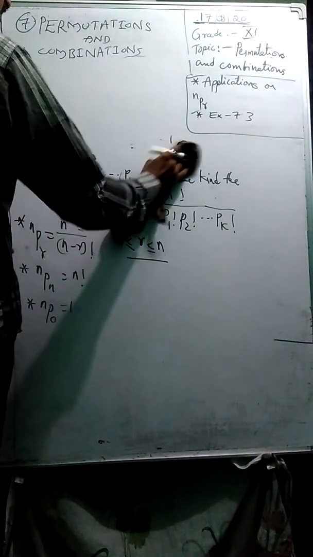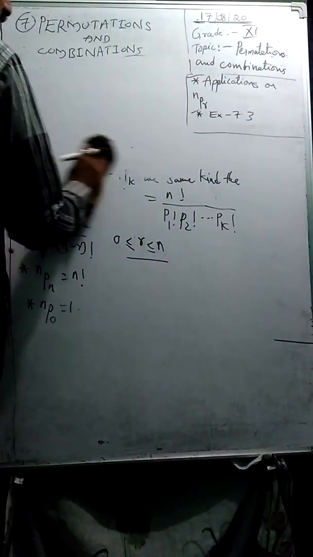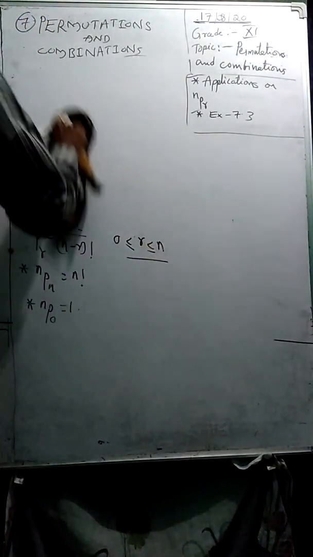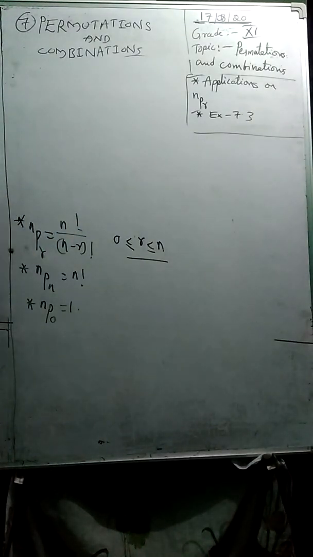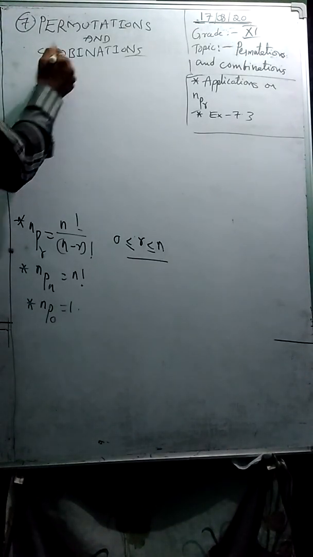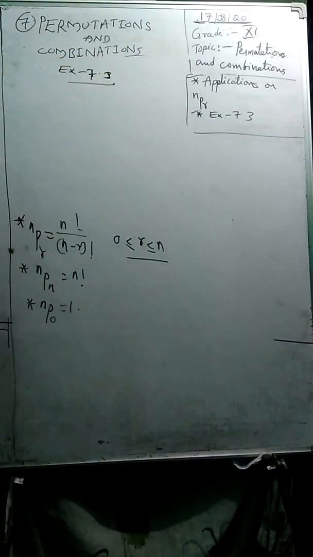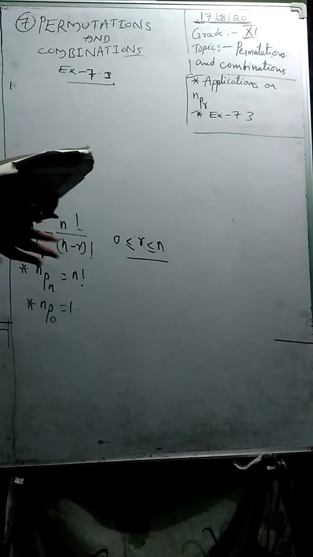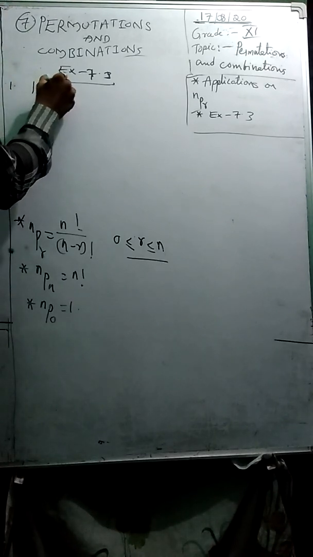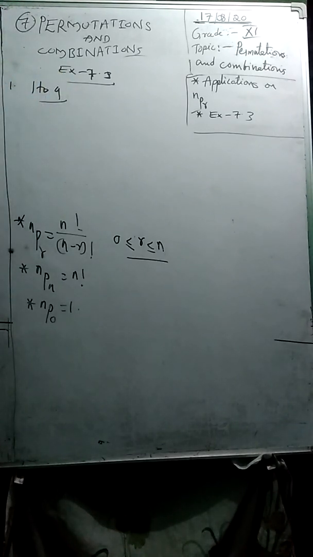Let us discuss some applications on problems from exercise 7.3. Please keep in mind, when p objects are of the same kind we will do it one way, and if p1, p2, p3 are of the same kind, then we will do it another way. Let us discuss one problem in exercise 7.3, students. The first one: how many 3-digit numbers can be formed by using the digits 1 to 9, if no digit is repeated?